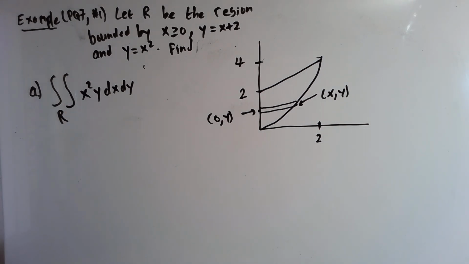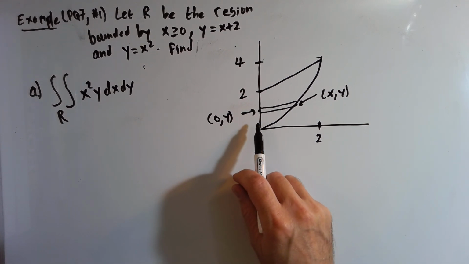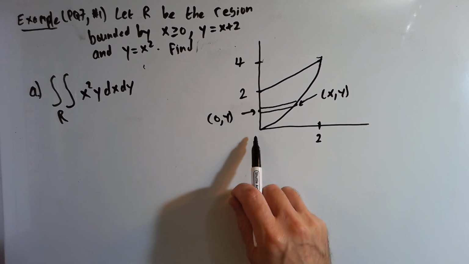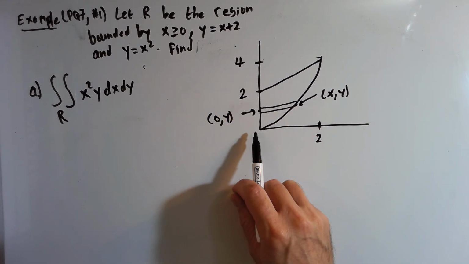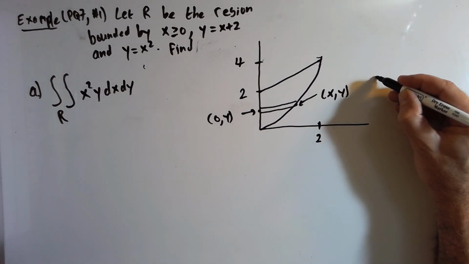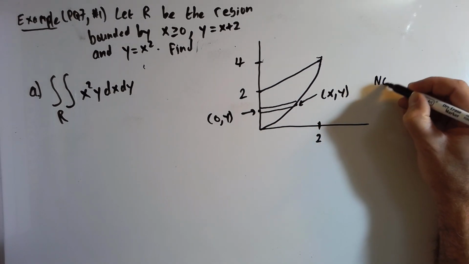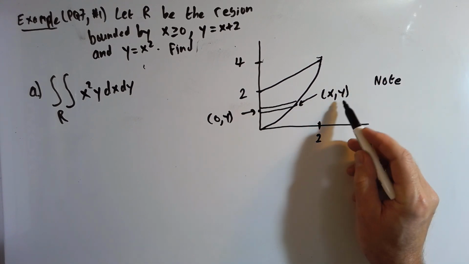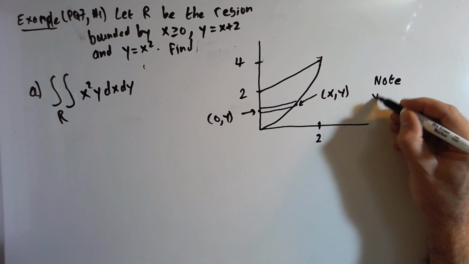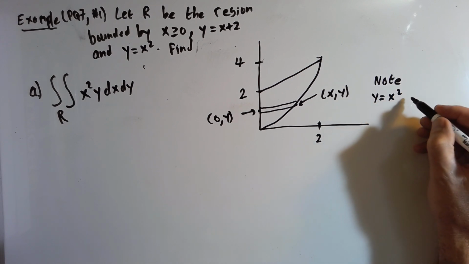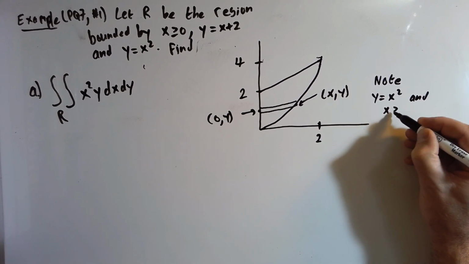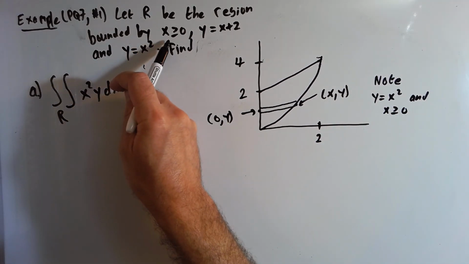So we need to write, so the y is going to move along the y-axis here from 0 to 4. We need to write x as a function of y. So note here, this y is on the parabola over here, so we'll have then y equals x squared, and x is greater than or equal to 0 from this condition up here.